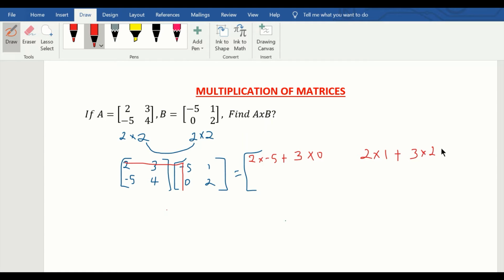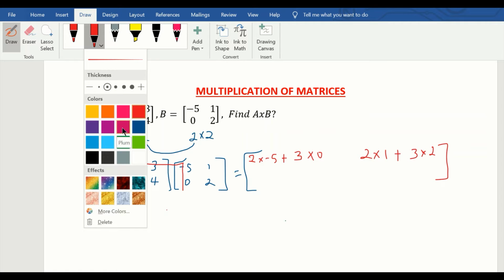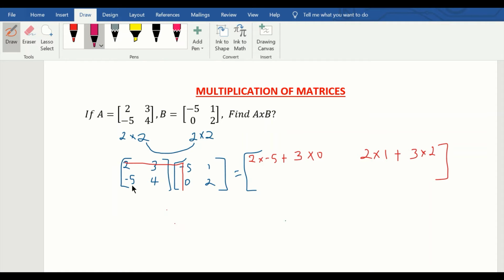Okay, now we'll move on to the next row in the first matrix. Same thing we do here, this row times the column. So minus 5 times minus 5 plus 4 times 0.